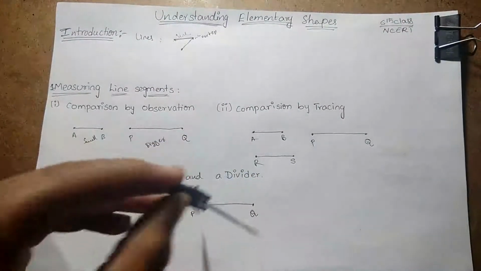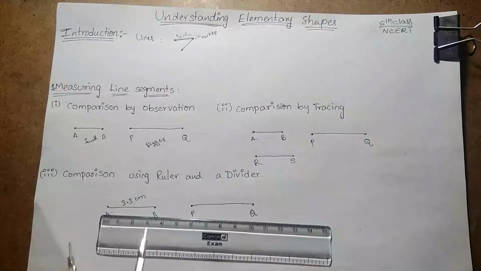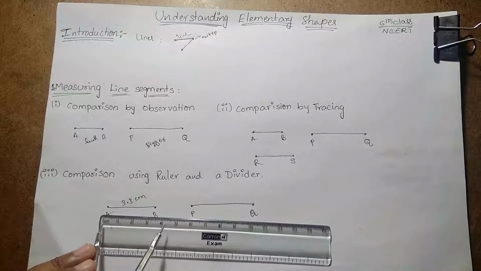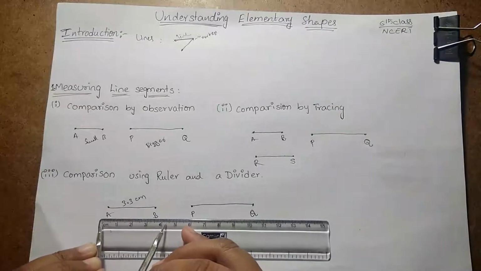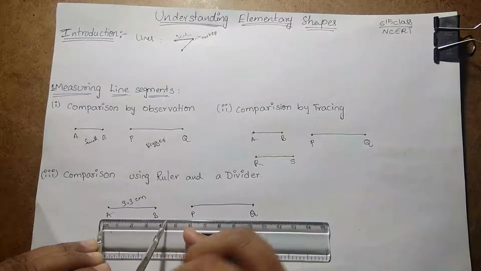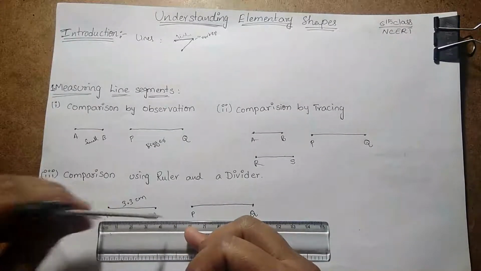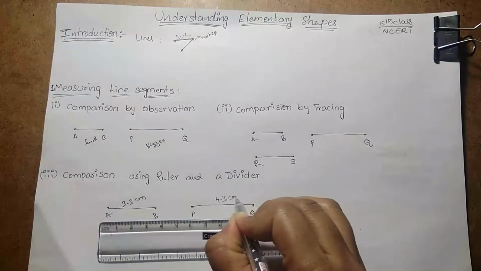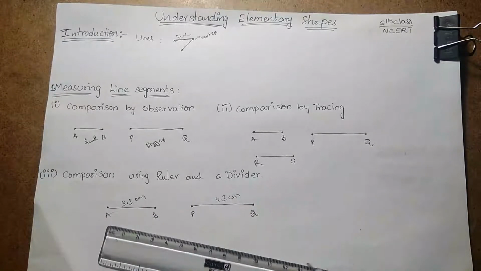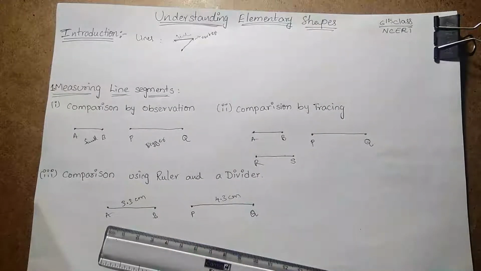Now if you put the divider on the scale without any change of the divider, we get 4.3. So this was the answer, 4.3 centimeters. This is comparing line segments using ruler and divider, and observation and tracing also.